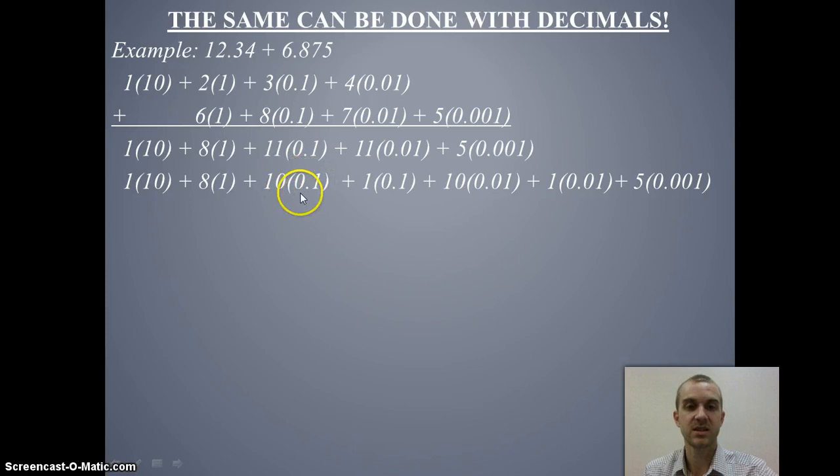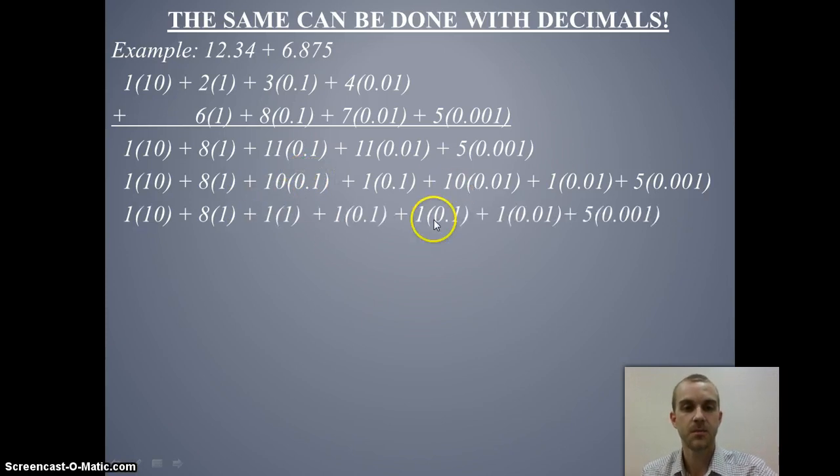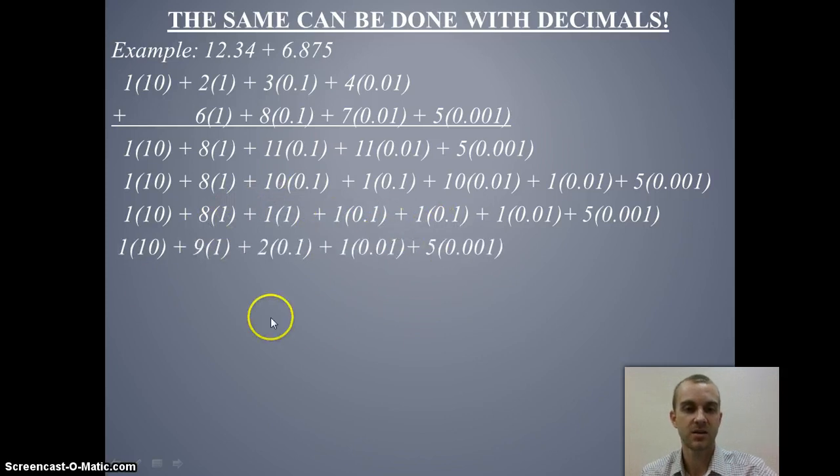So 10 tenths makes 1 whole, 10 hundredths makes 1 tenth. I combine anything that needs to be combined, so that I get 1 ten, 9 ones, 2 tenths, 1 hundredth, 5 thousandths. Simplify, and I get 19 and 215 thousandths.